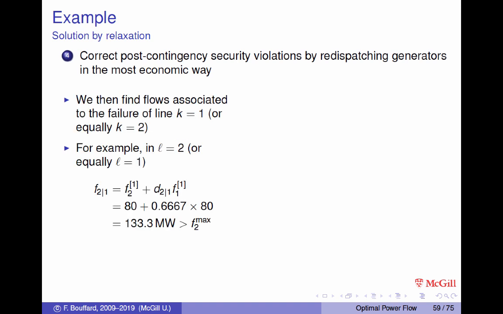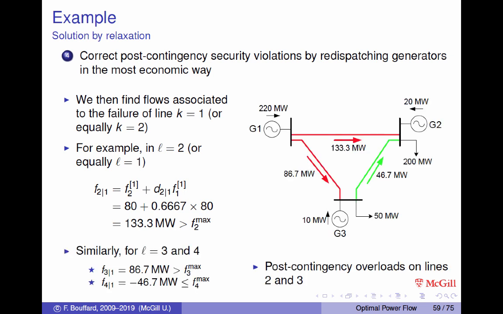So we do this, we find the flow in line 2 when line 1 is taken down. Previously we had a flow of 80 megawatts, and now we have 2/3 of the 80 megawatts which was flowing on line 1, so the flow in line 2 after the loss of line 1 is 133.3 megawatts, which is larger than its maximum allowable capacity of 100.